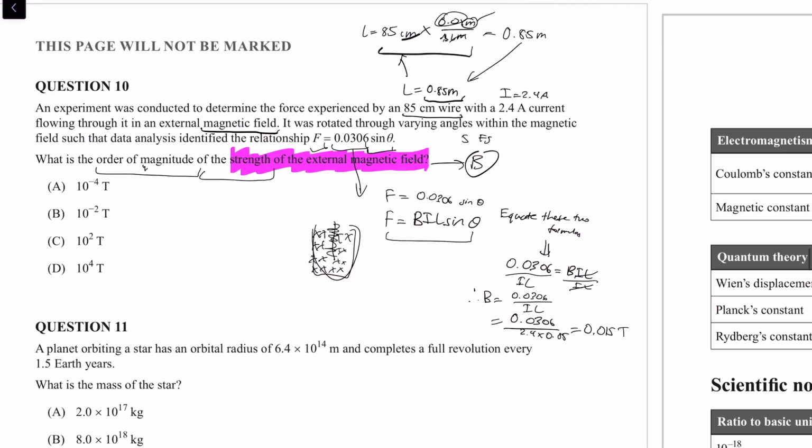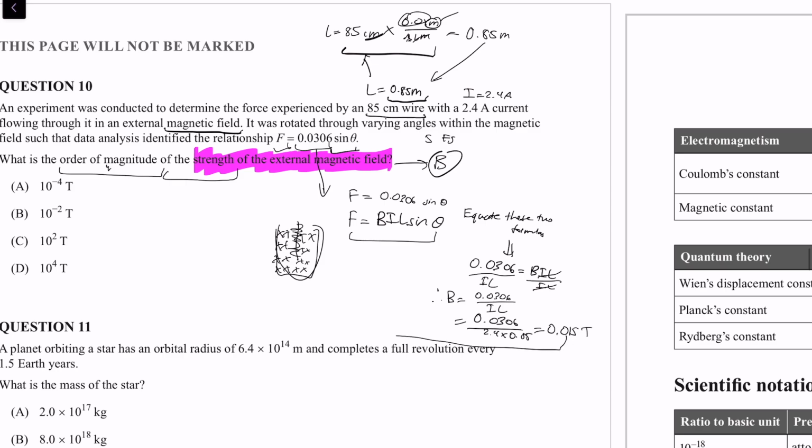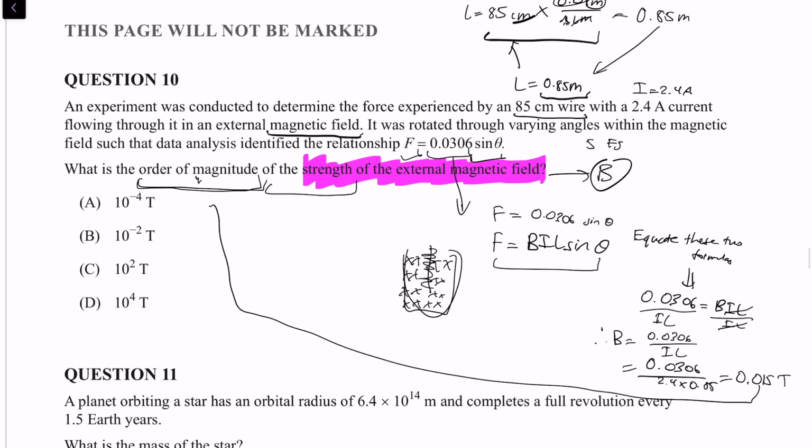It's a bit of a weird question. It's now asking about the order of magnitude, okay? Now, your calculator will say 0.015, but there's a setting, and you can search this up.